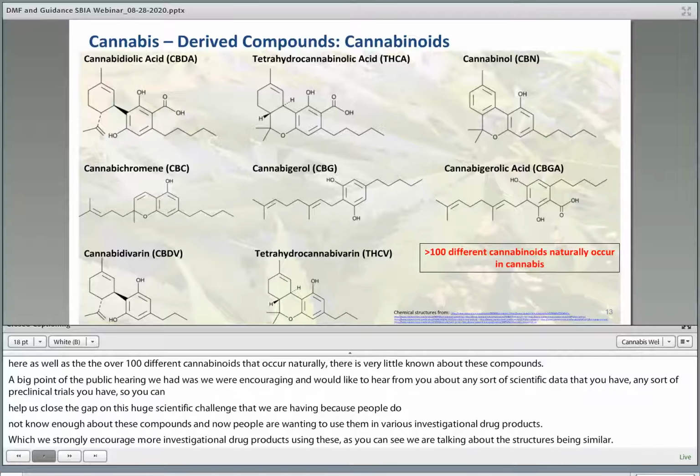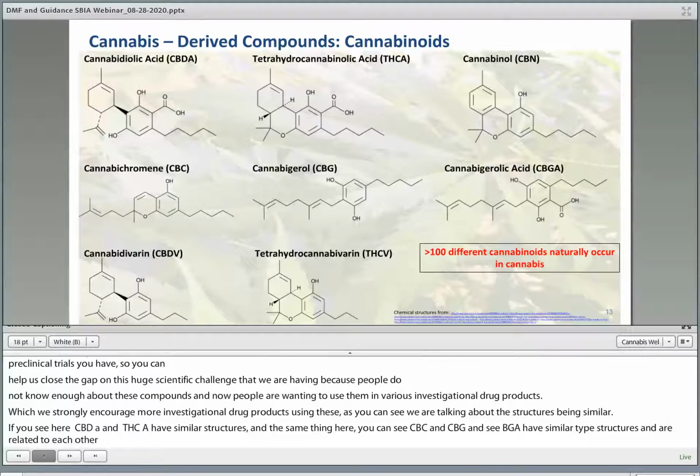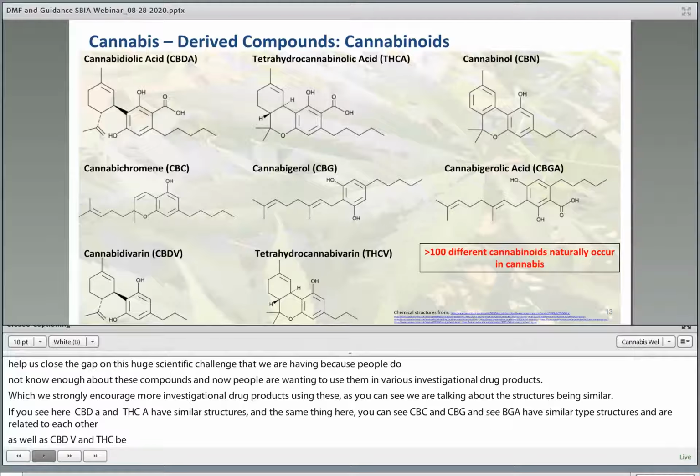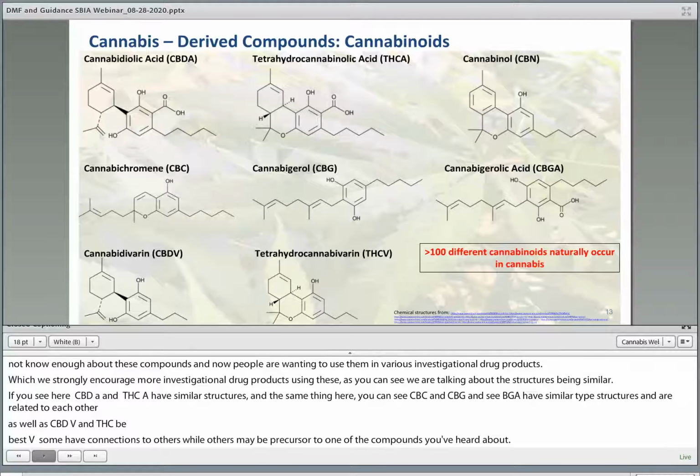So among these over 100 different cannabinoids, some of them have connections to one another, while others may be a degradant product or maybe a precursor to one of the compounds you heard about. But we really want to encourage you to continue to study as many of these compounds as possible while using our investigational drug pathway.